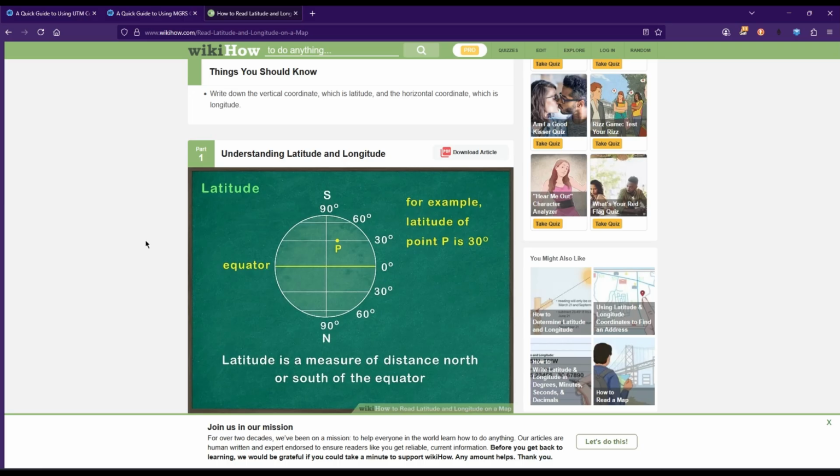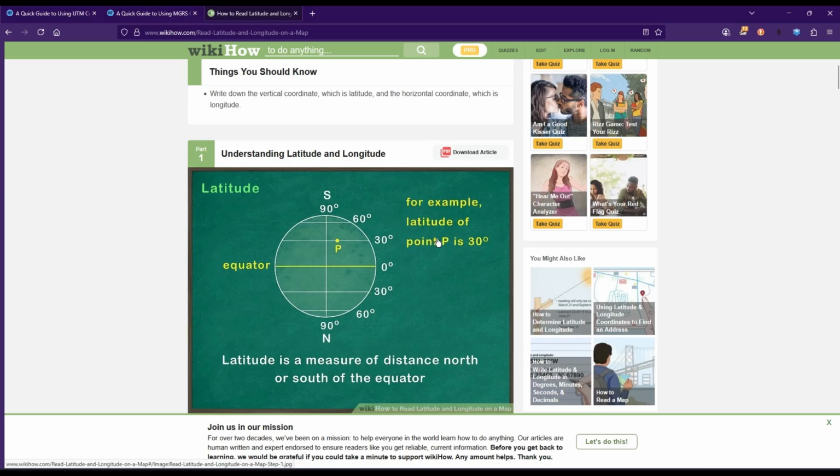Latitude and longitude just spans a grid all around the Earth, and there is no designator, right? So this can be used for ships and planes a bunch because they are traveling hundreds of miles in a day and whatnot. So rather than having to flip through a bunch of grid designators, it's much easier to use latitude and longitude that is just one grid system over the entire Earth.